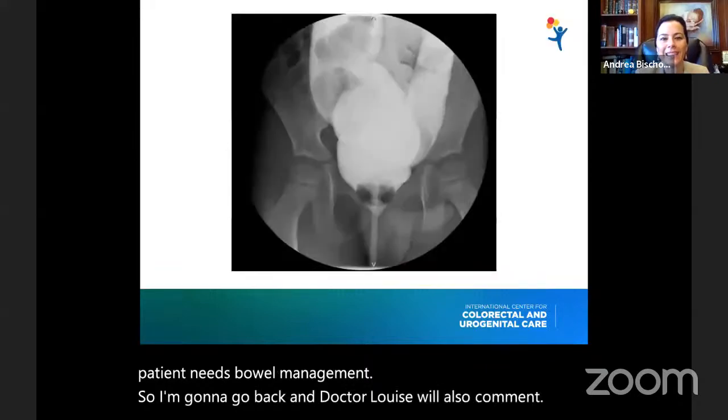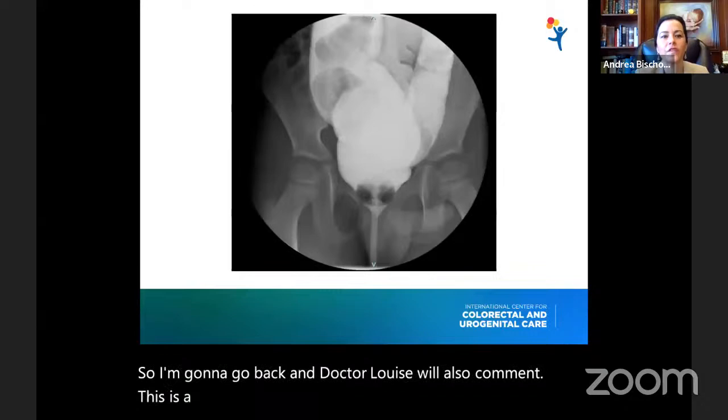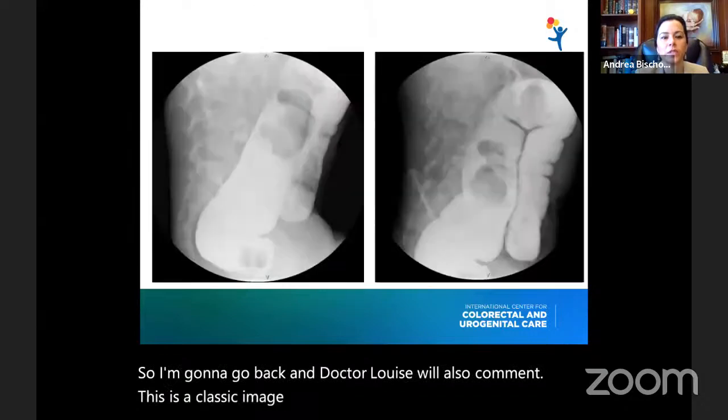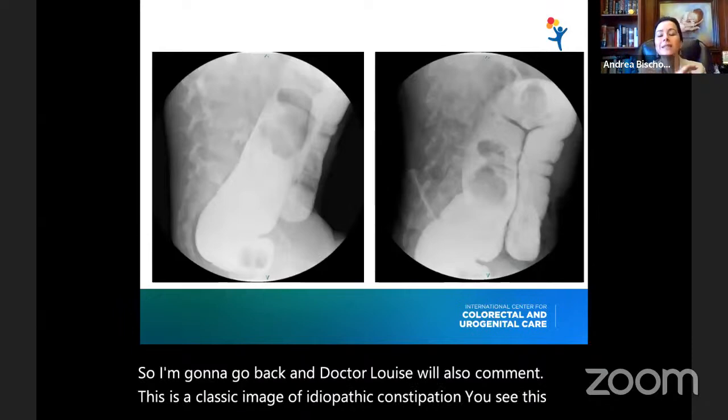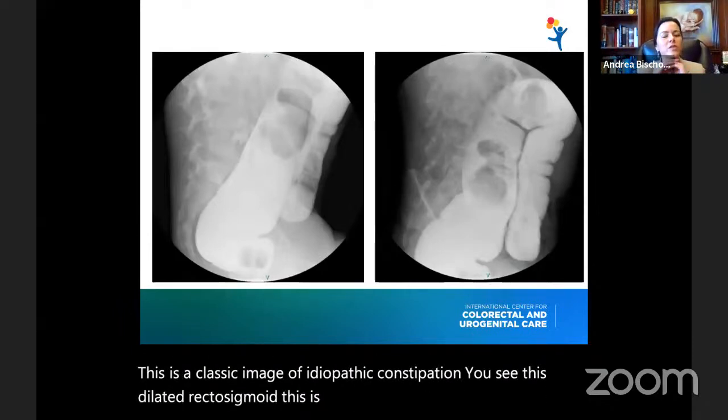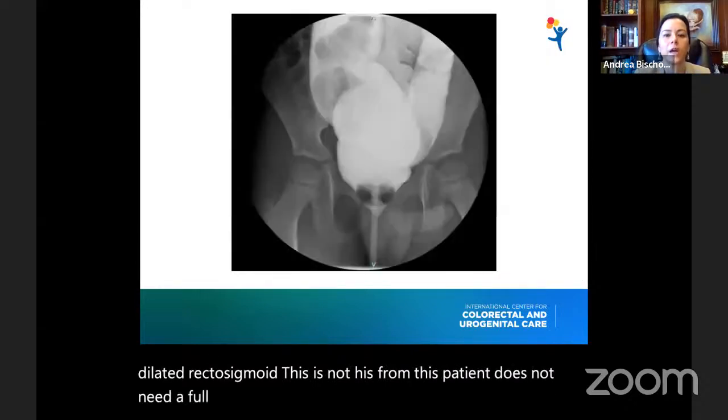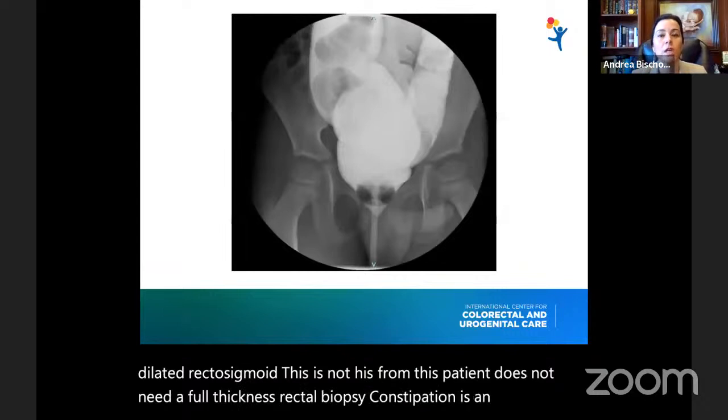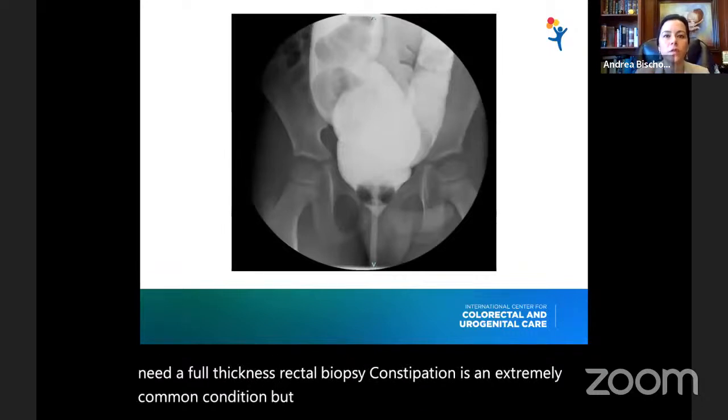This is a classic image of idiopathic constipation. You see this dilated rectosigmoid. This is not Hirschsprung. This patient does not need a full thickness rectal biopsy. Constipation is an extremely common condition, but it's very different from Hirschsprung. Luis, do you want to comment?